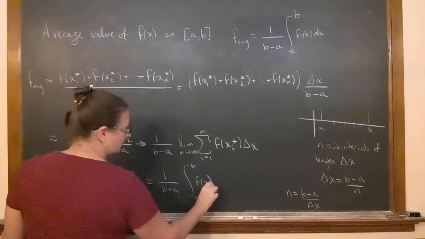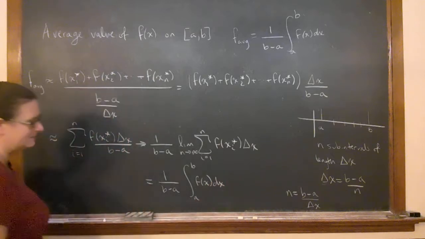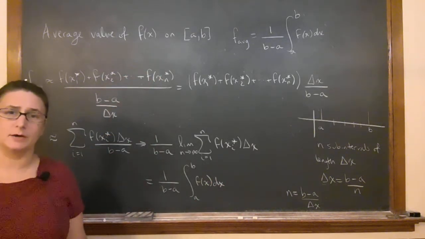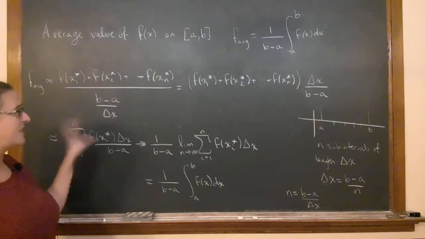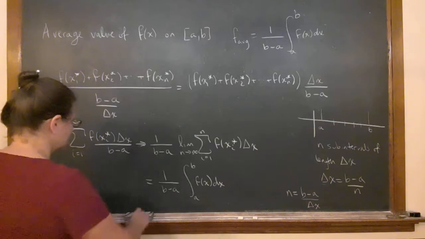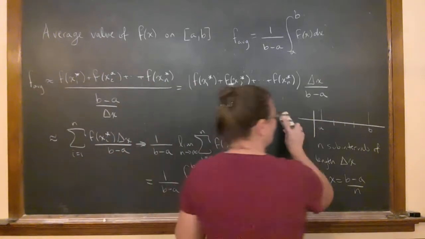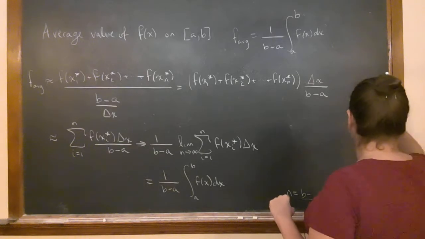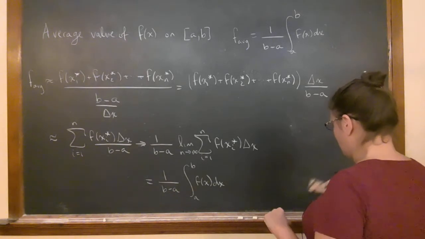This becomes the Riemann integral, and that's my formula, the same one I have up there. So that's how that goes. You don't need to reproduce that or anything. It's just to know where it comes from, and it helps us see what's really meant by the average value of the function.